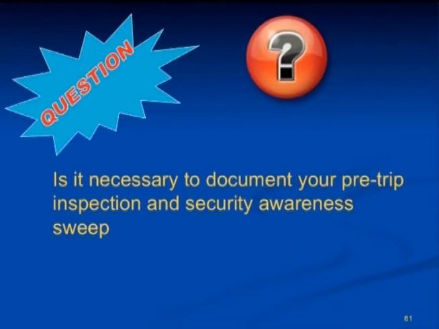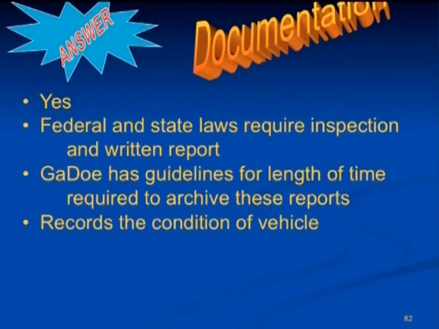Okay, so questions. Is it necessary to document your pre-trip inspection and security awareness sweep? Absolutely. Federal and state laws require the inspection and the written report. The Georgia Department of Education has guidelines for the length of time required to archive these reports, and all of these reports should record the condition of the vehicle.